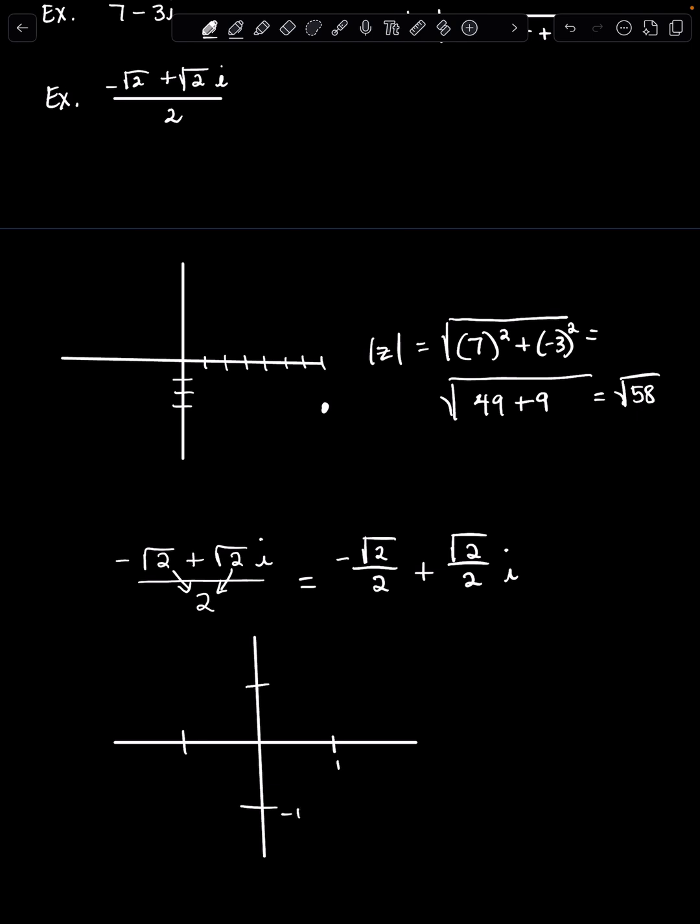All right, so square root of 2 over 2, if I plug that in my calculator, it's about 0.7, blah, blah, blah. So we're just going to approximate. So I'm going negative square root 2 over 2 on my real axis, and I'm going positive square root 2 over 2 on my imaginary axis. So that is going to be about right there.